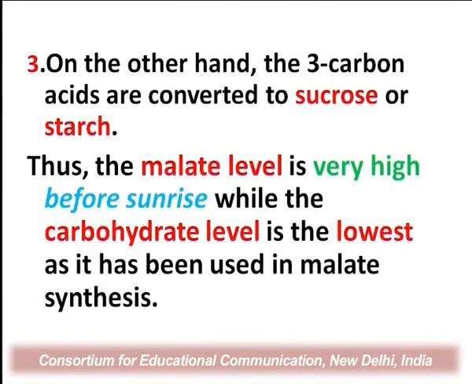The malate level, which was very high before sunrise, gradually is going to be lost, and the carbohydrate levels which were lowest at that time would now be increasing subsequently. So that means the acids get decarboxylated gradually during daytime and the carbohydrates are formed.